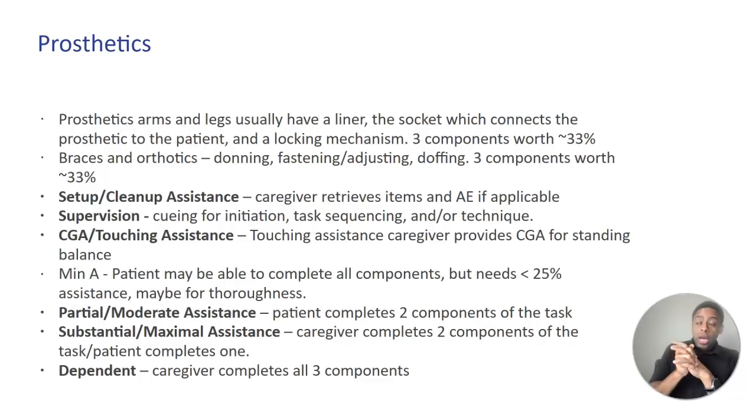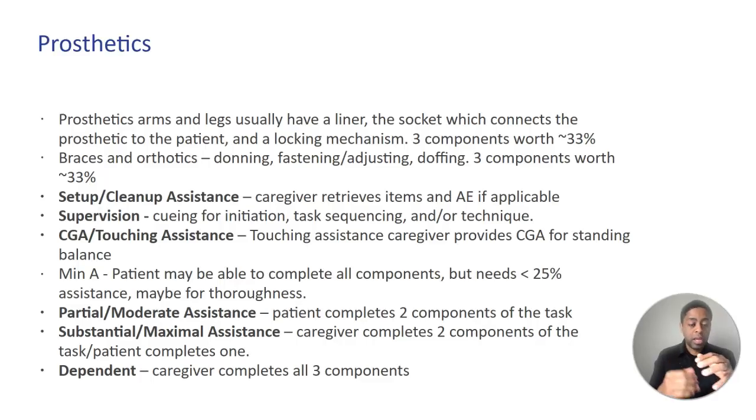Now, there's something that's called osseointegration. That's something kind of recent, and that is becoming more and more adapted into the world of prosthetics and amputation. This is where the liner or the mechanism that locks into the prosthetic device is surgically implanted into the residual limb of the individual.